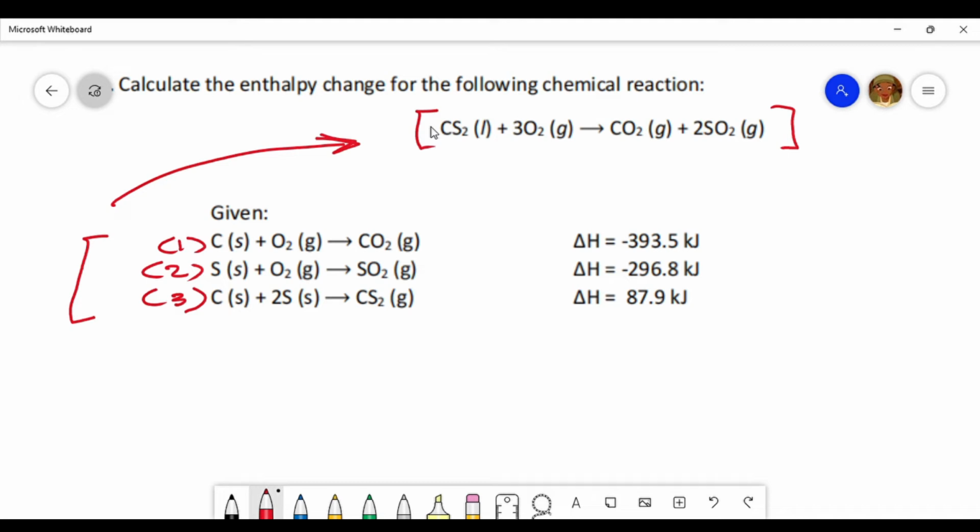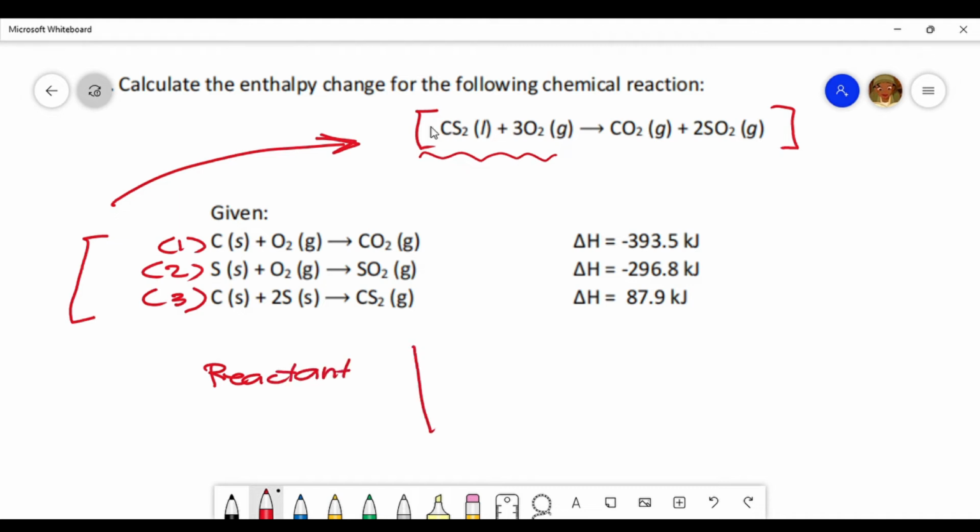First, let's look at the product side. I would first want to have carbon, sulfur, and oxygen on my reactant side.